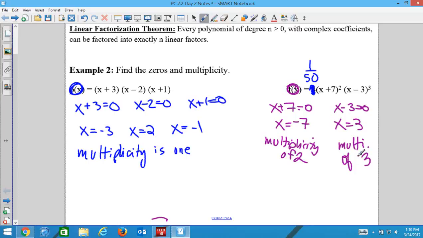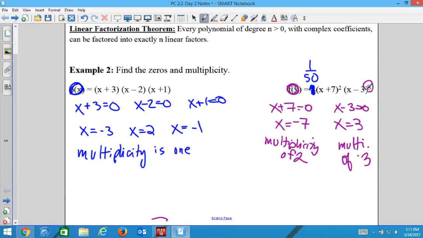That tells you how many factors there are. It goes with the power. So if I were to expand that, I would write 3 parentheses that said x minus 3. That's what to the third power means. So I'd have 3 of them.